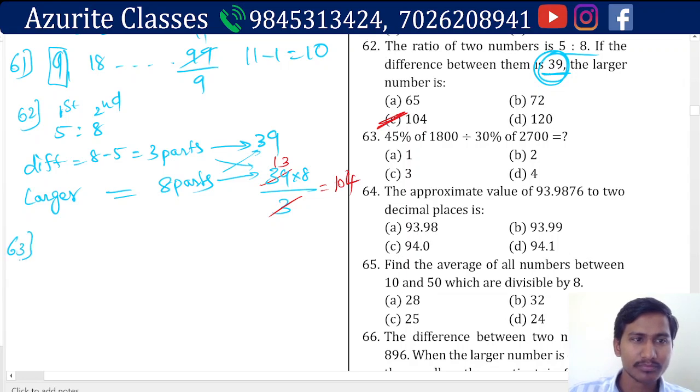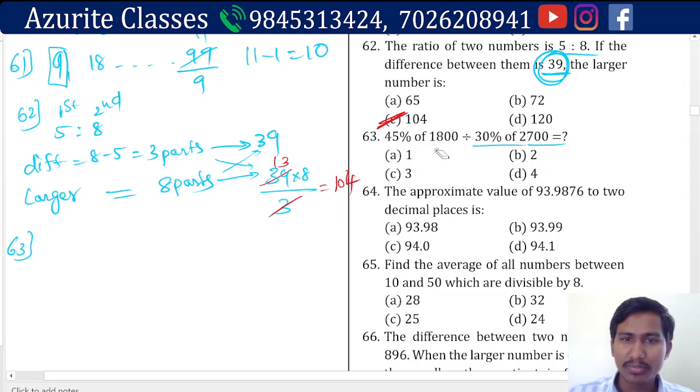63. What they are asking: 45% of 1800 divided by 30% of 2700. We have to find it. Let us do it now. 45% of 1800 will be how much? I will do it here only.